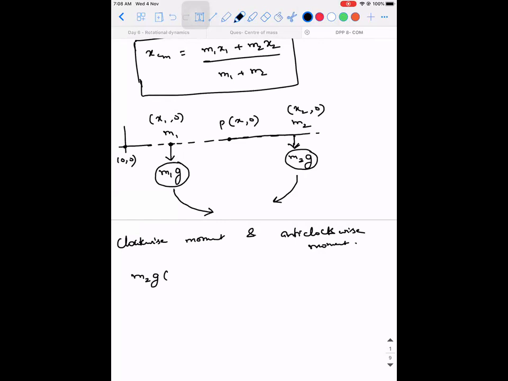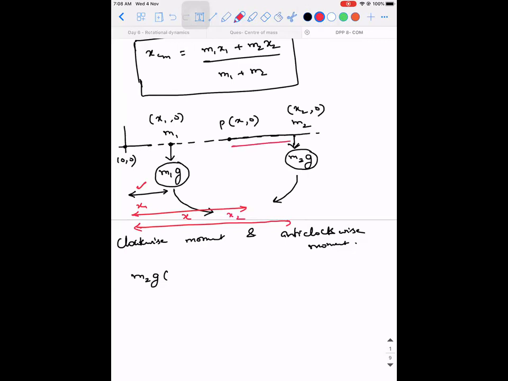So M2g into, if this is the origin, guys tell me, how much is this distance, the one which I marked with red? It is x1. What is the distance from origin to point P? x. Distance from origin to point M2 is x2.